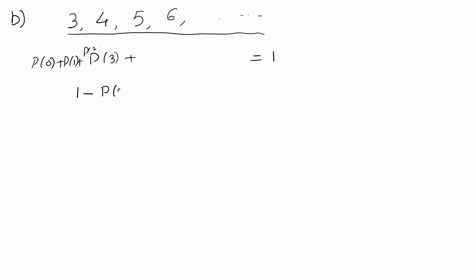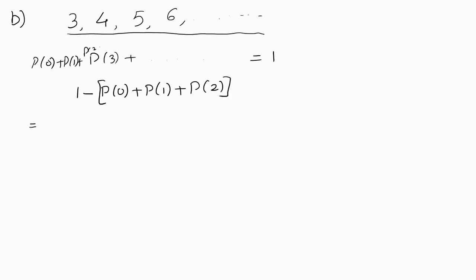But I know one thing, that the probability of zero customers plus probability of one customer plus probability of two customers plus three customers plus all these comes out to be 1. So if I want to calculate the probability of all these, it is easier for me to calculate 1 minus the probability of zero customers plus probability of one customer plus probability of two customers.